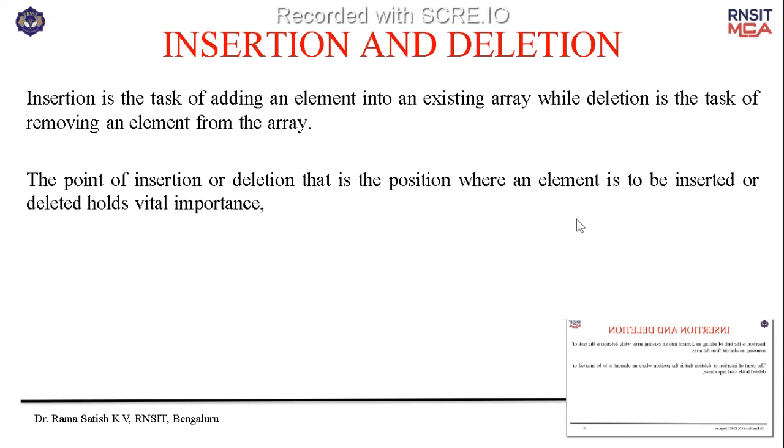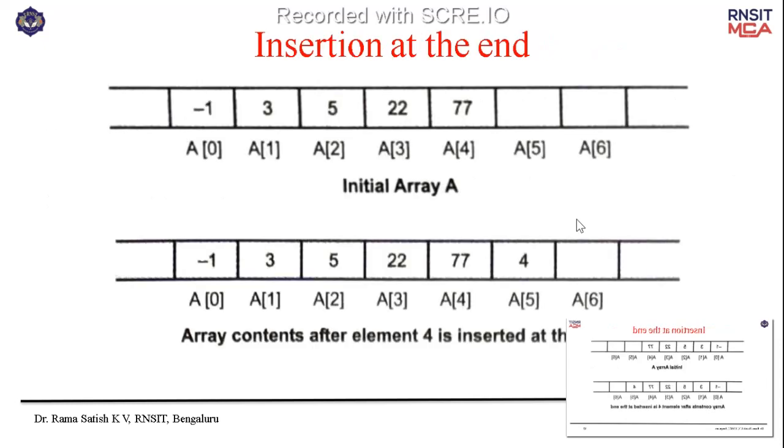And moving on to insertion, observe this diagram. If an element is to be inserted at the end of the array, then it can be simply achieved by storing the new element at the last position. Okay, that is very easy.